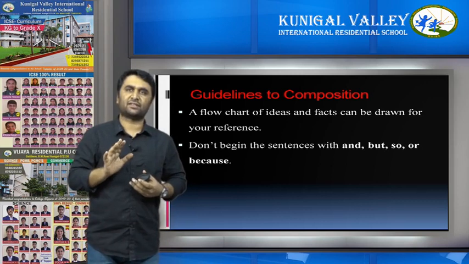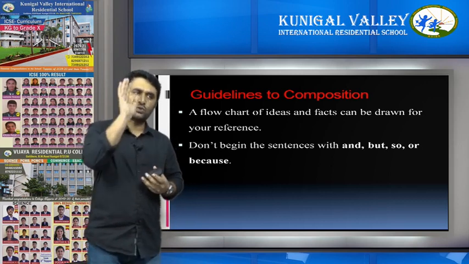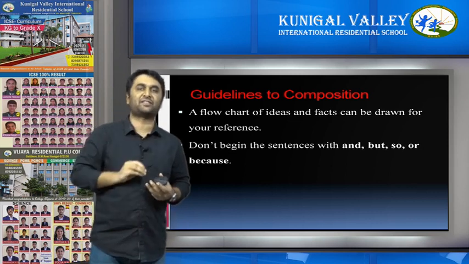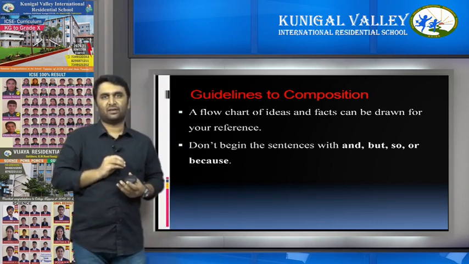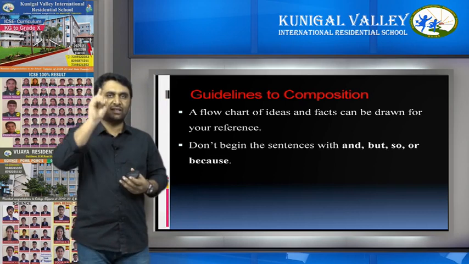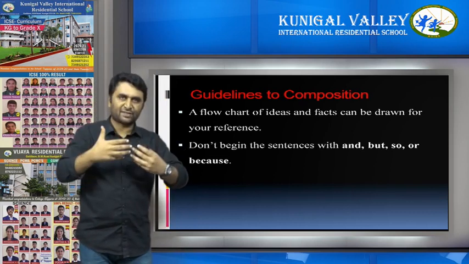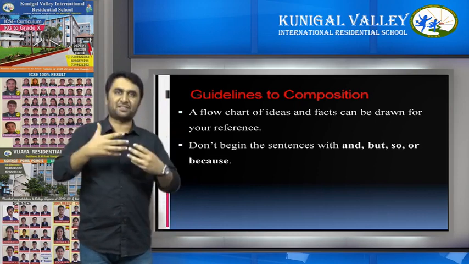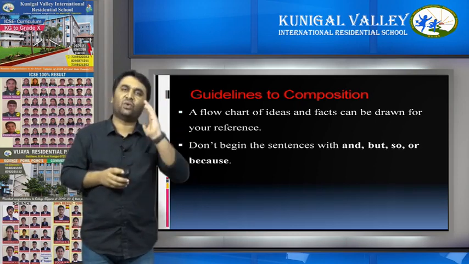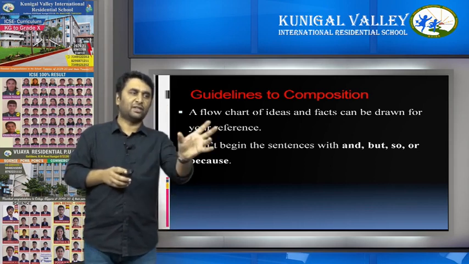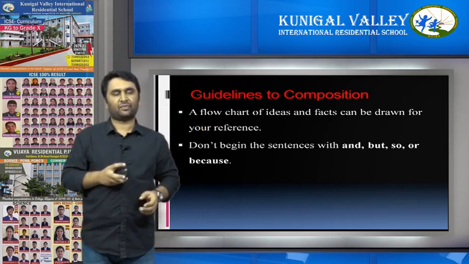Very simple, guys. When you begin your sentences with these, remember, they're not joining the sentences. Remember, these are all conjunctions. These conjunctions should club what? 2 ideas, 2 simple sentences, 2 phrases. That is the reason why I advise you not to begin any sentence with these.